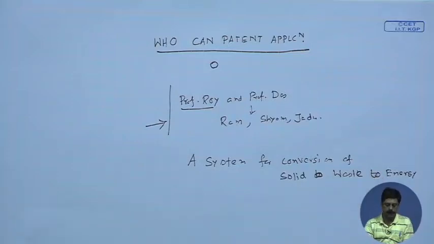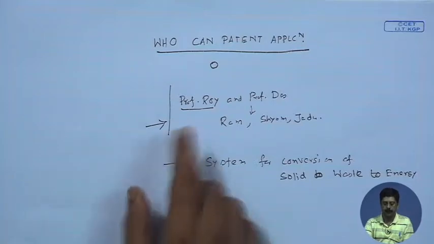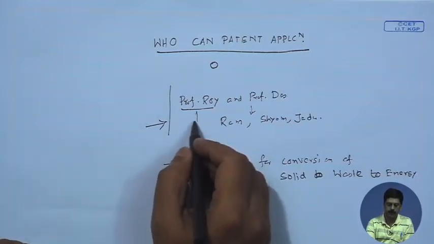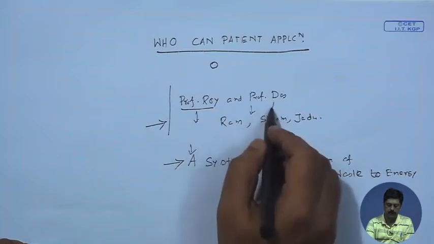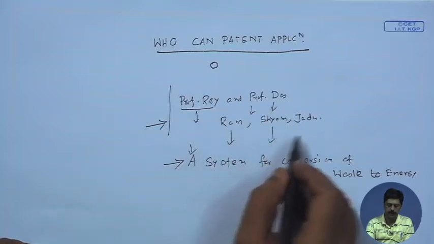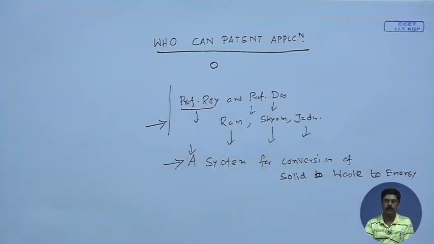If I consider this invention, who has contributed? Professor Roy, Professor Das, Ram, Sham, Jodu. If I am not able to distinguish the contribution of all those five members, then all five will be considered first and true inventors for this invention.